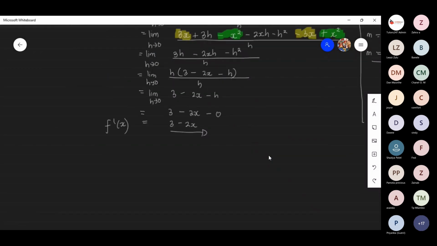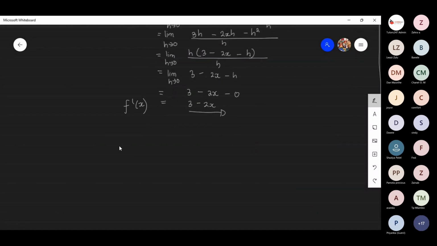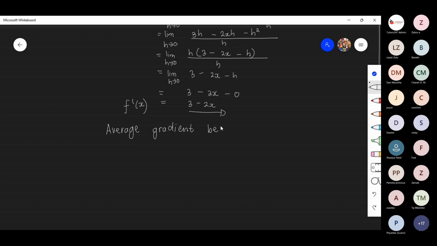So we were told that we need to find the average gradient between x equals 1 and x equals 3, keeping in mind that the equation for gradient is our first derivative for this particular case.